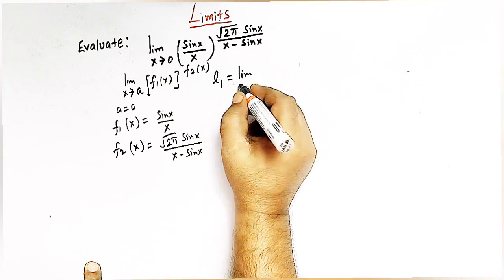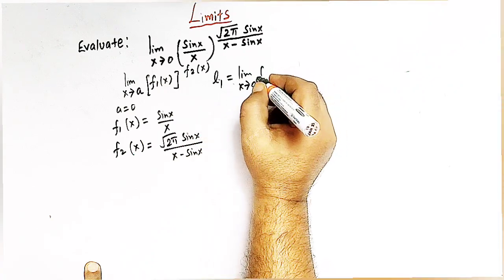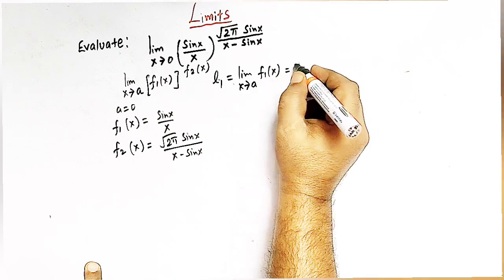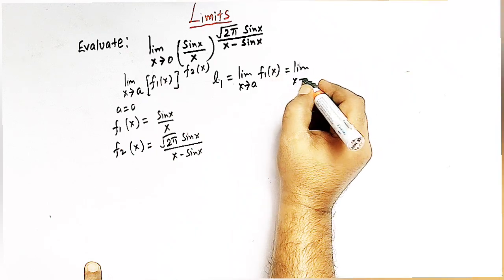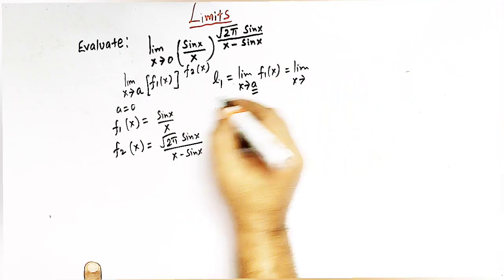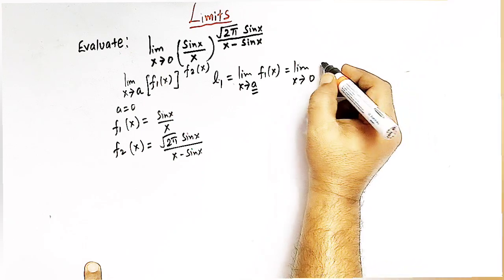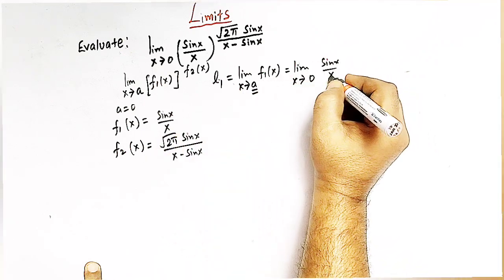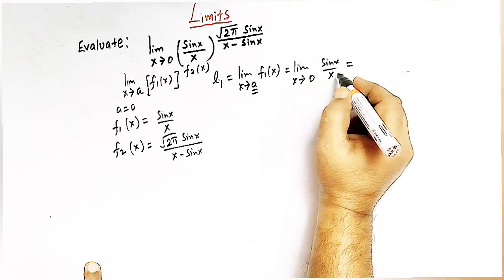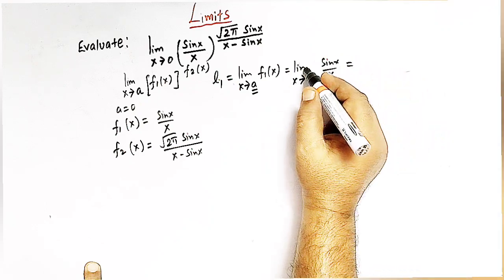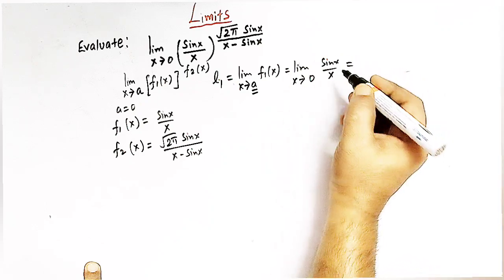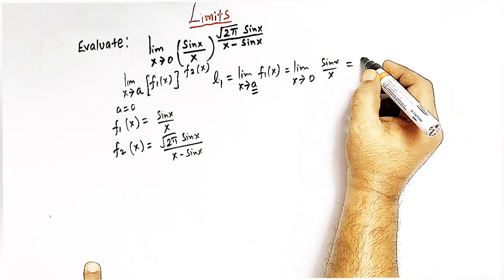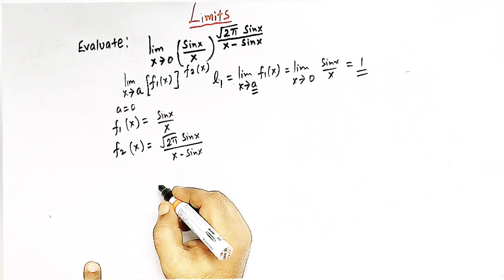L1 is limit x tends to a f1(x), and we have limit x tends to 0 because a is 0, and f1(x) is sine x over x. And we know that this is a standard result in limits, limit theta tends to 0, sine theta over theta is equal to 1, right?